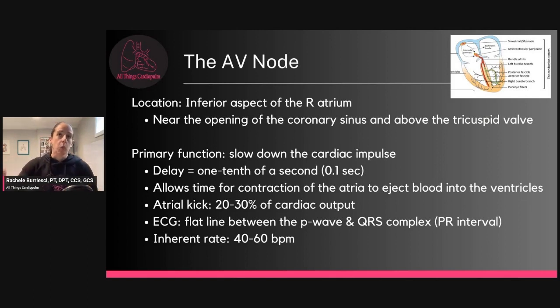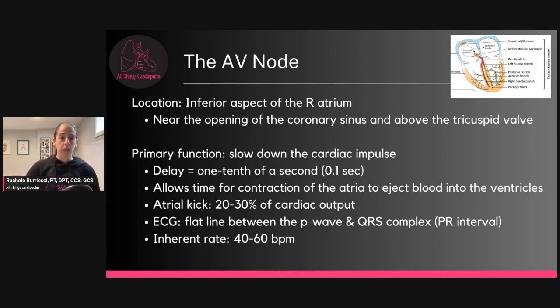This is important as well, because if we're thinking further down the line and we're thinking about arrhythmias, if we have a problem at that PR interval, for instance, AV blocks, a first-degree AV block shows itself by having a prolonged PR interval. So a lot of times when you have AV node issues, you're going to see it at that PR interval.